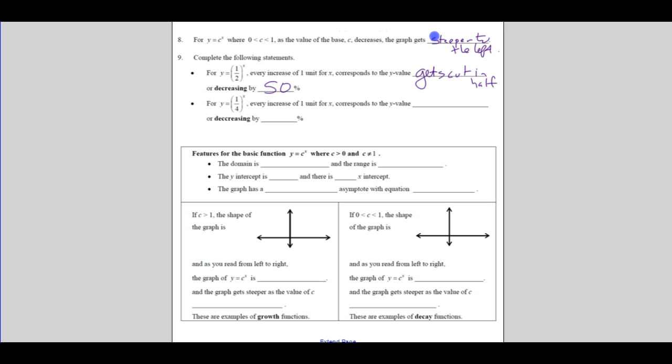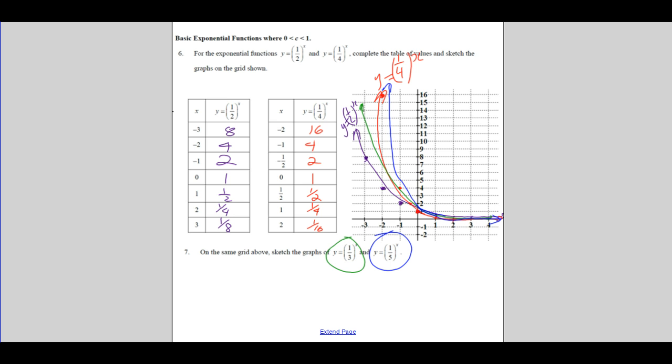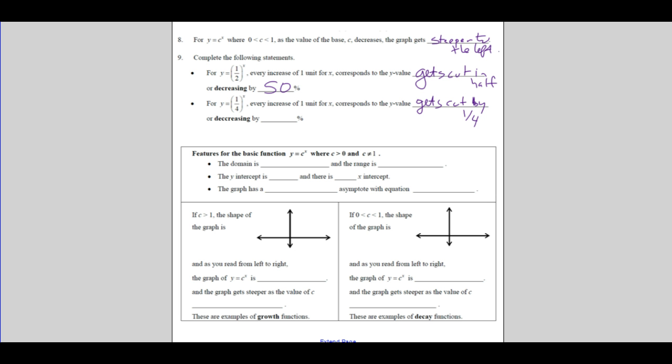And for 1/4, it gets cut by 1/4. Decreases by, so what percent decrease are we going to here? So we go from 16 to 4, it's not a 25% decrease, it's a 75% decrease, right? Okay, yeah, and that'll play in.